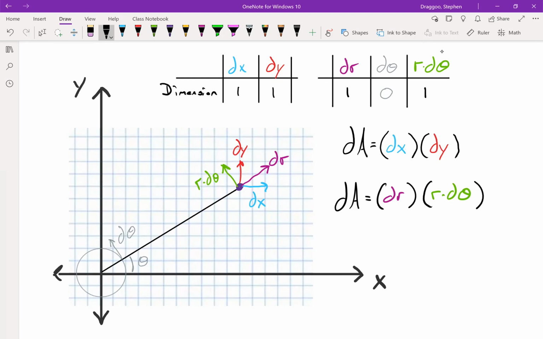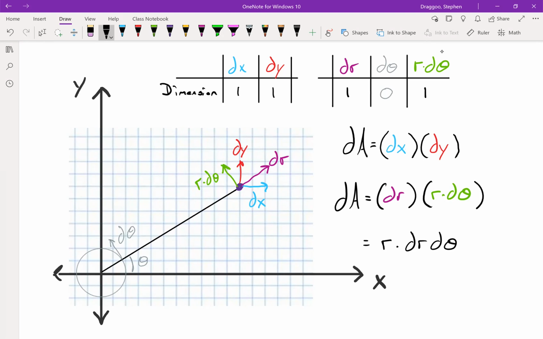So instead, dA is going to come out to, usually abbreviated, r times dr d theta. But the point of this exercise is to show that the r that we're going to have to multiply in for dA is really attached to the d theta. That's the part that it's coming from.